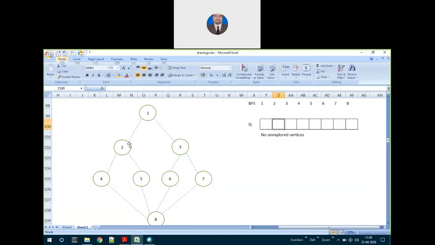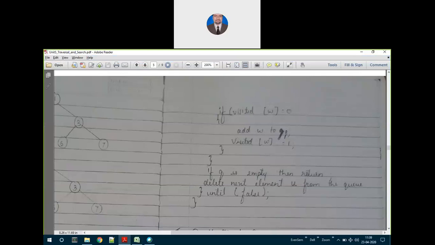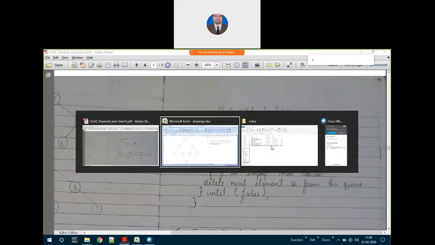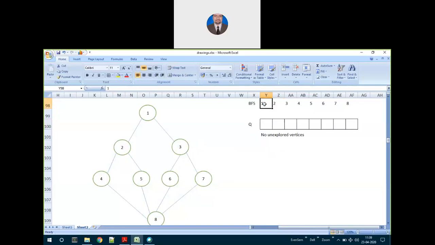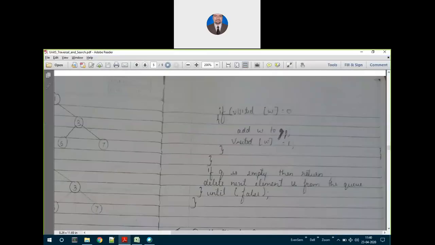Initially it will start from 1, then 2 and 3. At the same time, add that to visited. So when I start from 1, 1 will be added to BFS and at the same time added to Q. Next, I find its neighbor, the adjacent 2; I add 2 into visited and also into Q. Then 3 I add into my BFS, the visited array, and also into Q. Are there any more left out?